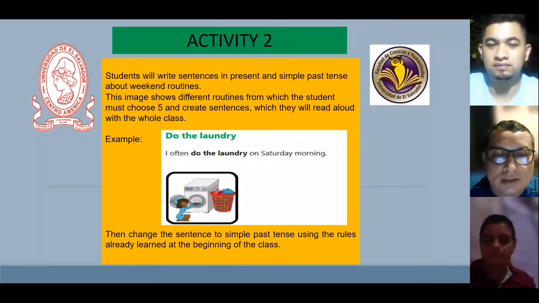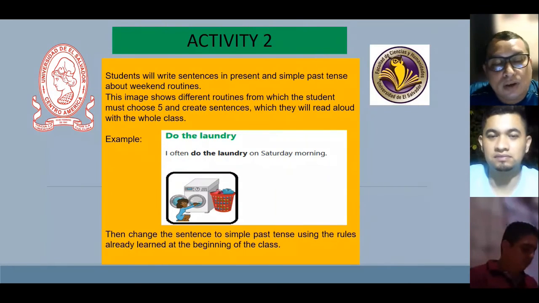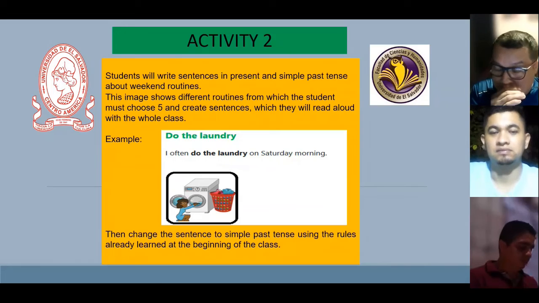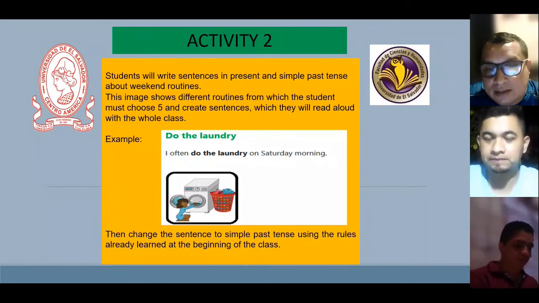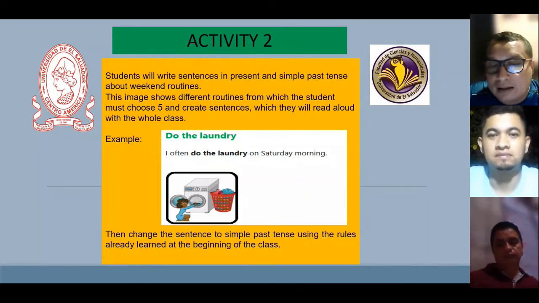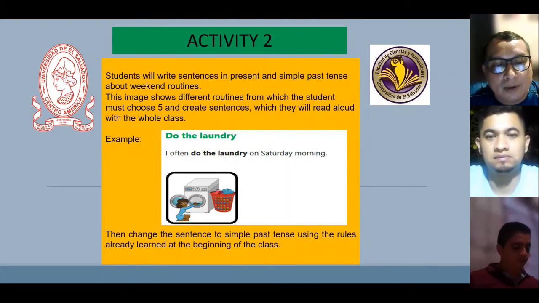Okay, students. This is the activity number 2. In this activity, you will write sentences in present and then convert to simple past tense. The image shows an example. Do the laundry.